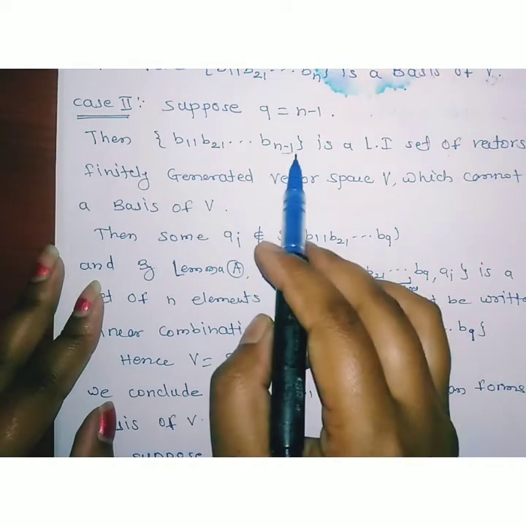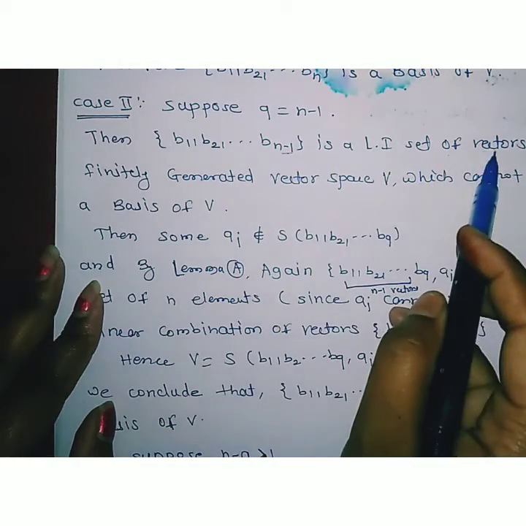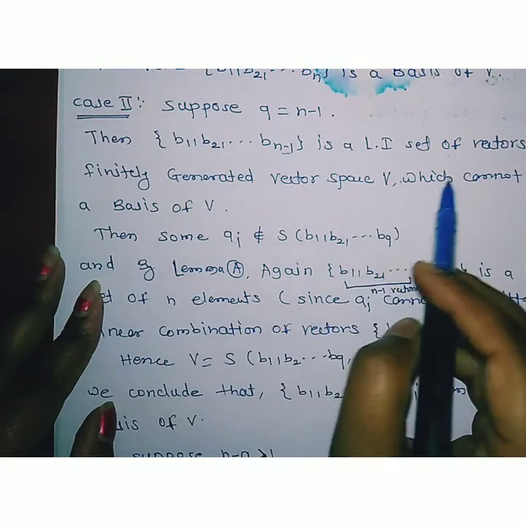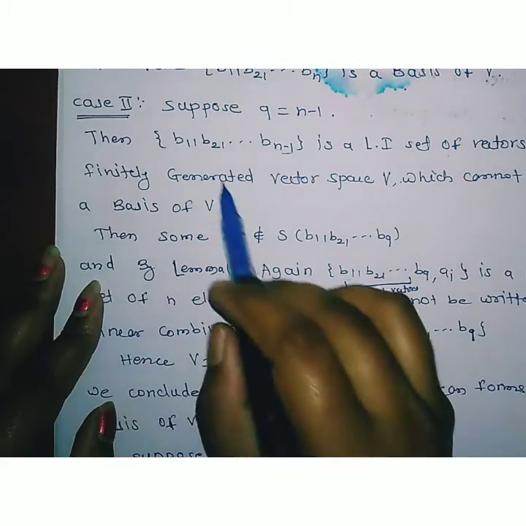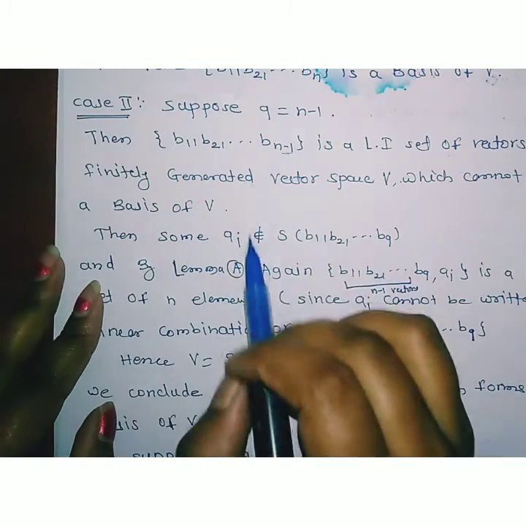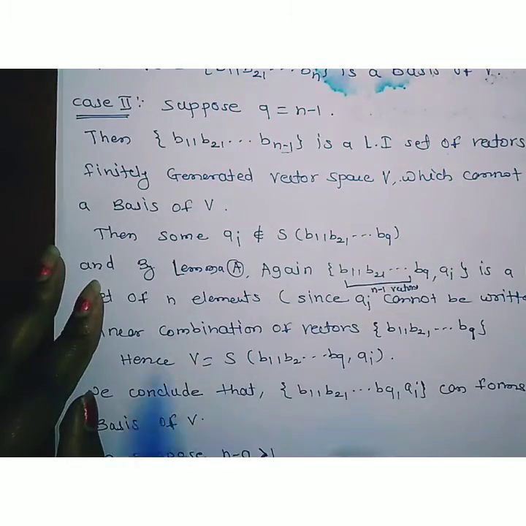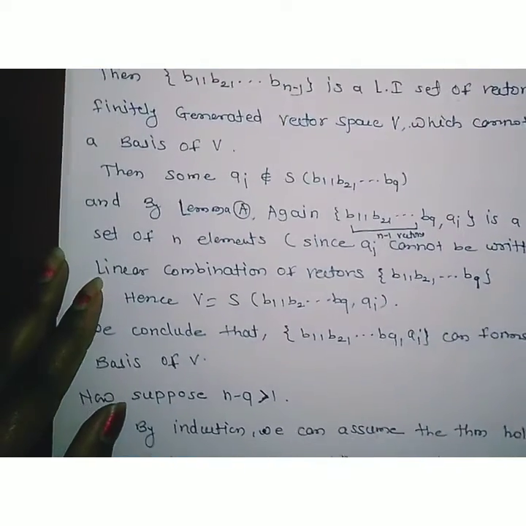Then b1, b2, bn minus 1 is a linearly independent set of vectors in a finitely generated vector space which cannot form a basis of V. This is already given in the statement of the theorem.